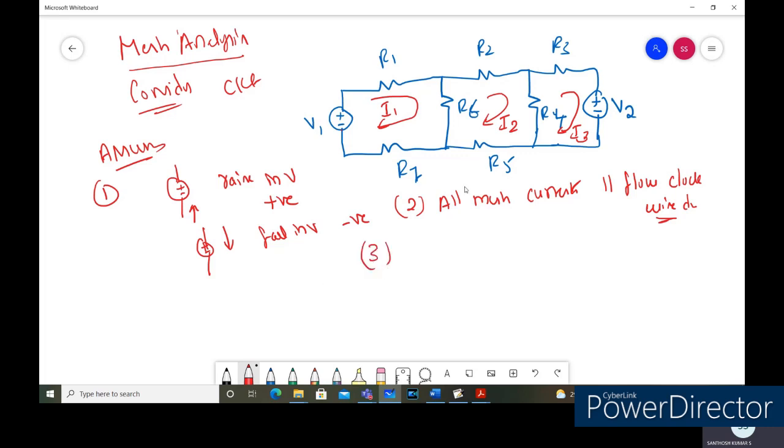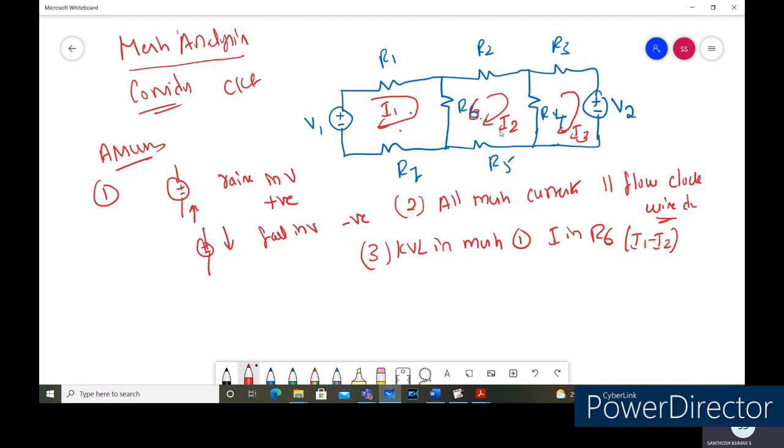The third assumption is that for the resistance R6, two currents are flowing. If you are applying KVL in mesh 1, then we need to take the mesh 1 current minus the mesh 2 current, so the current in R6 is the difference I1 minus I2.